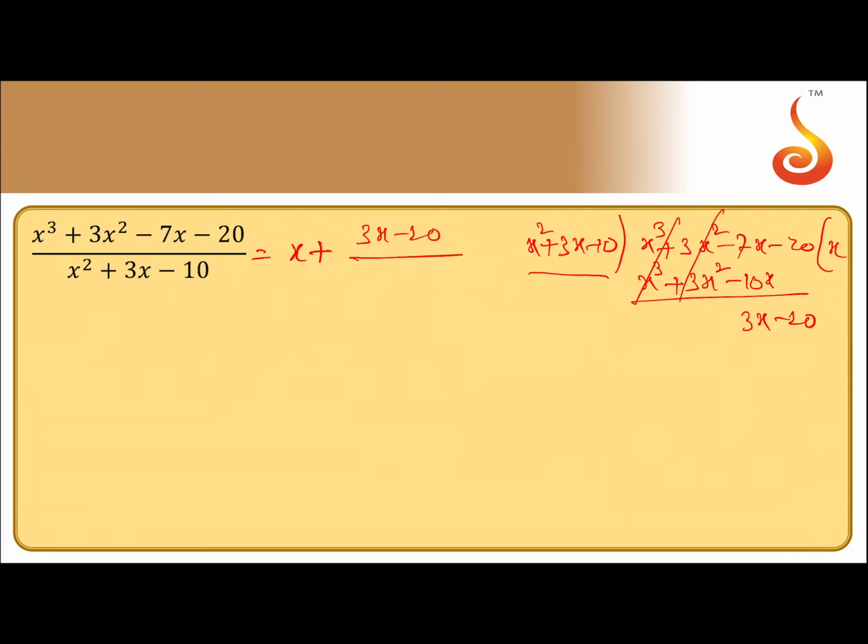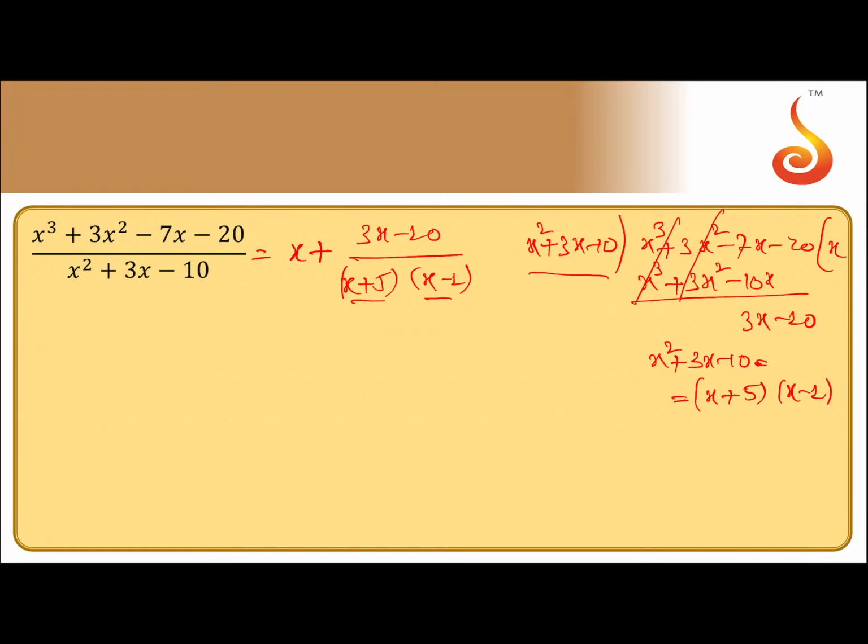And this denominator x square plus 3x minus 10 can be factorized as x plus 5 multiplied by x minus 2. Both are linear factors.